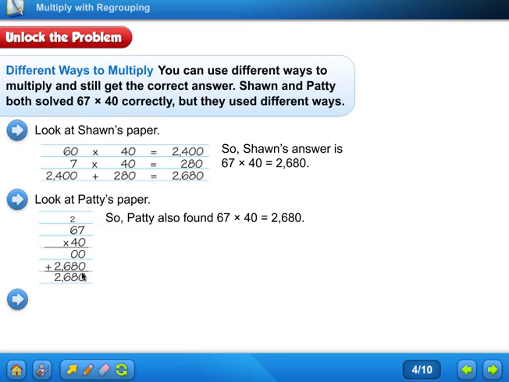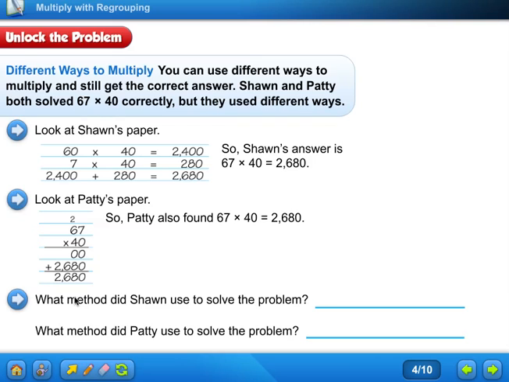So your answer is 2,680. Both the same answers, just done different ways. And we just said Sean used the place value and the mental math way, and Patty used the place value and regrouping way.